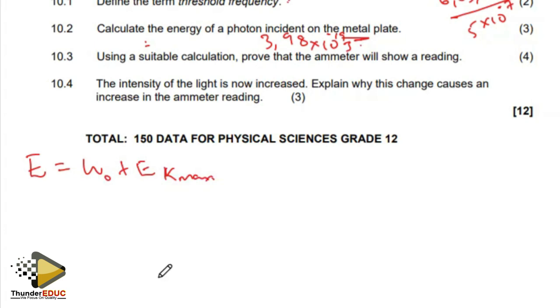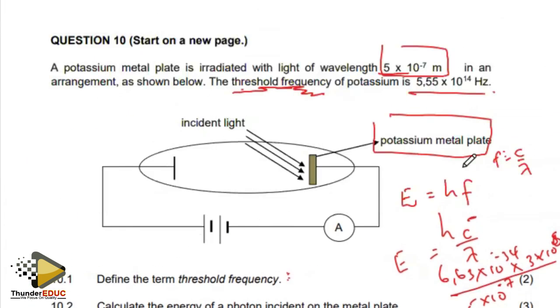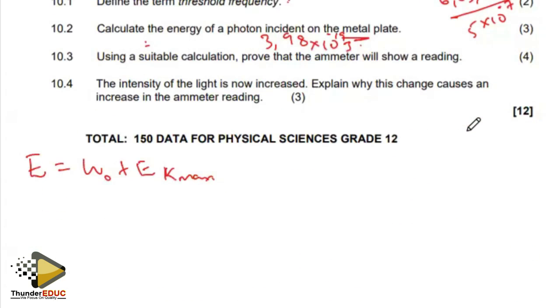Do we have the work function? We can get it since we have the threshold. Okay, so this is going to be hf. Work function, we said, okay, I'll just keep it. This is a half mv squared. That is the maximum velocity.